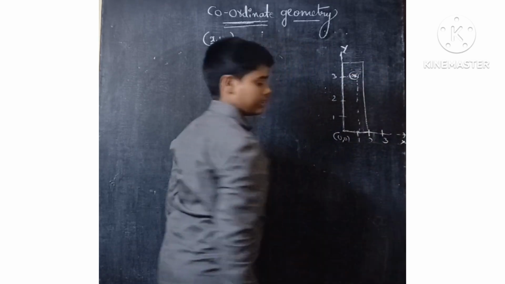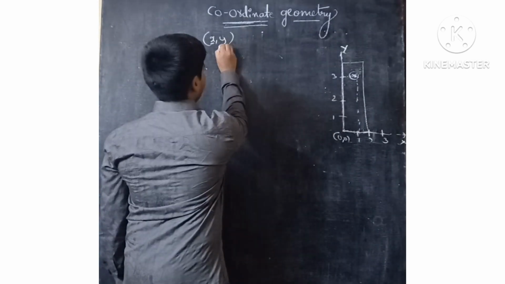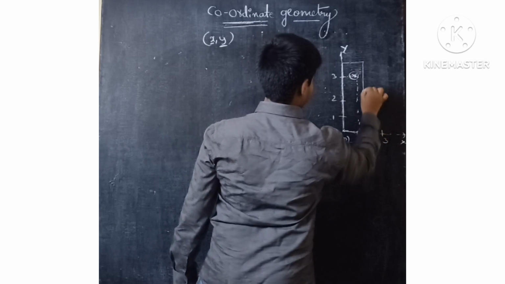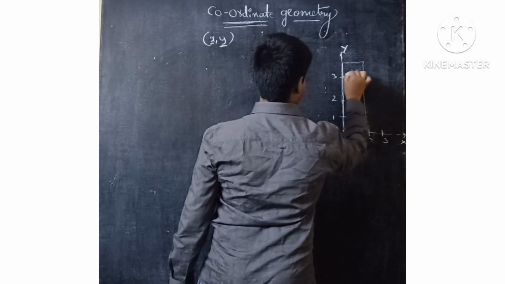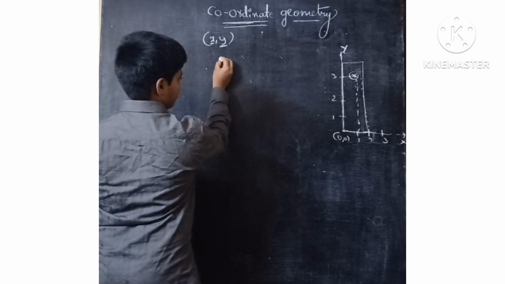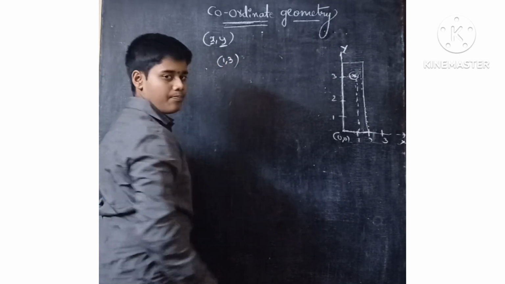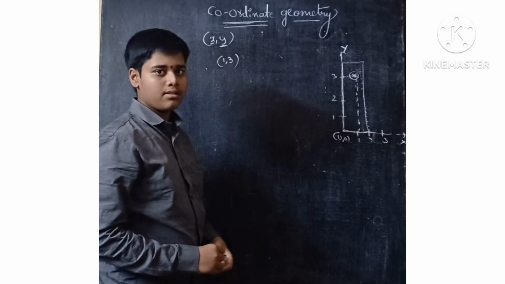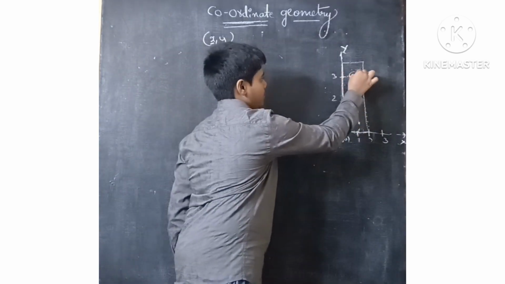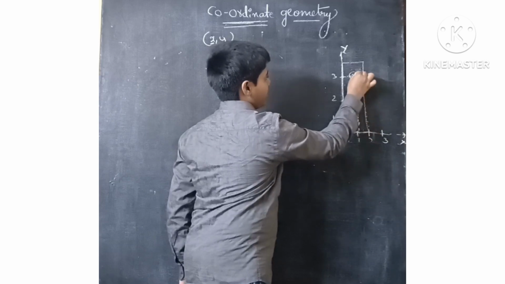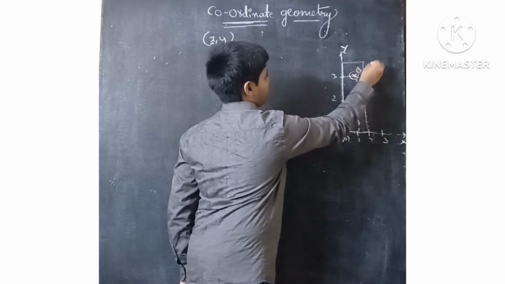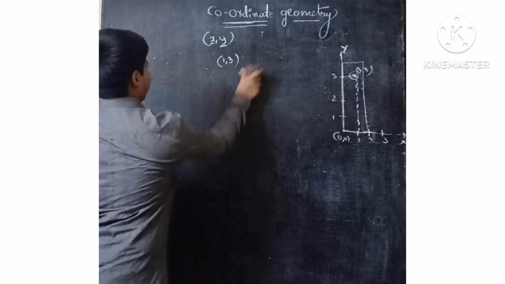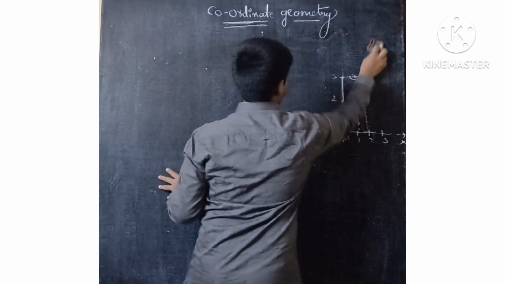And the y value is the distance from the x-axis, which is 1. If we represent (3, 1), the distance from the y-axis and the distance from the x-axis, we have to represent it with a dotted line structure like this. So this is the basic introduction of coordinate geometry.